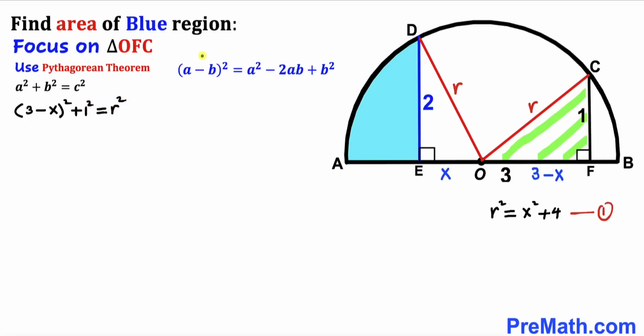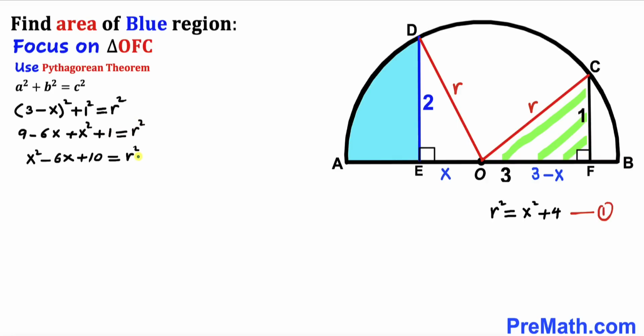Now let's recall this famous identity: a minus b whole square could be written as a square minus 2ab plus b square. We are going to apply this identity on the left hand side on this binomial. So we are going to have 9 minus 6x plus x square plus 1 square, which is 1, equal to r square.